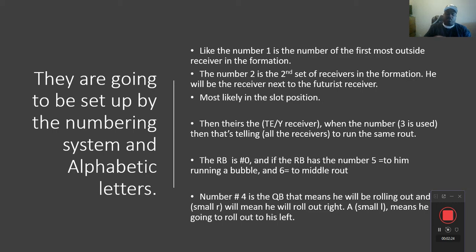Middle route, he'll just be going up, and number 5, he'll be doing a hook or curl. Number 4 means the quarterback, that's when the quarterback gets a number, it will be number 4, and he's going to be running probably a rollout when I put a number on him, telling him what direction to run.